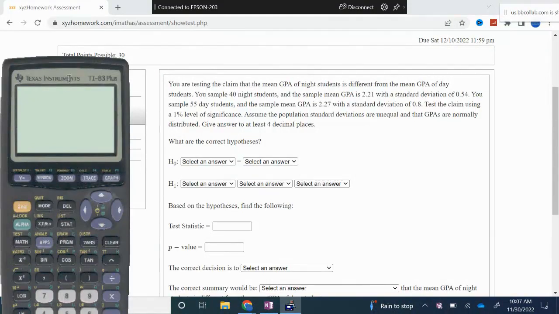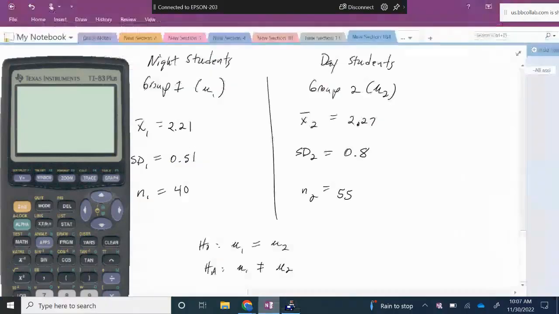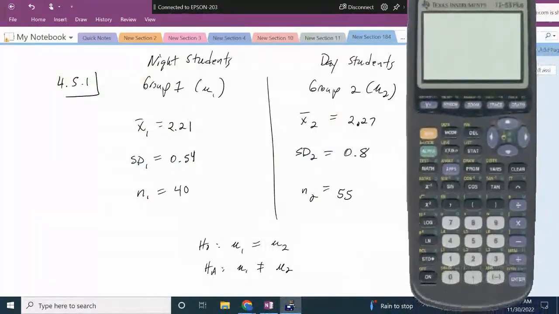I'm just checking what I have, and it seems like the standard deviation is 0.54. 55, 2.27, and 0.8. So the standard deviation for that first group should be 0.54. This is kind of just double checking what I have.